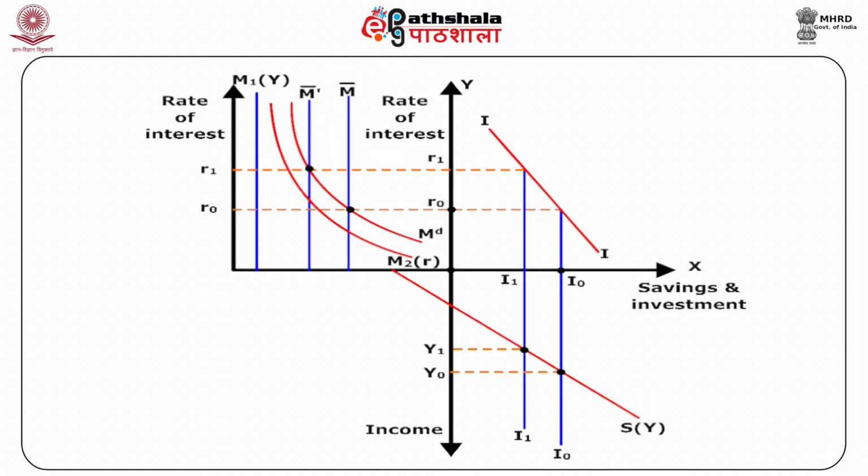As I have said, in each market one particular variable is determined. In the money market the rate of interest is determined, in the capital market the volume of investment is determined, and in the product market or the goods market the level of income is determined.